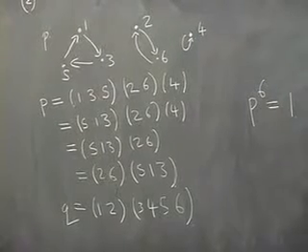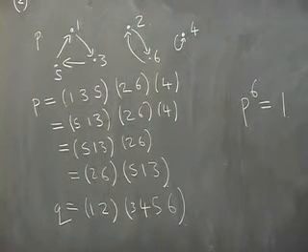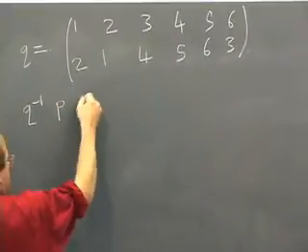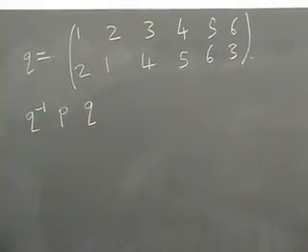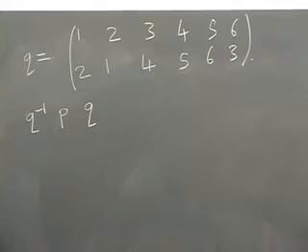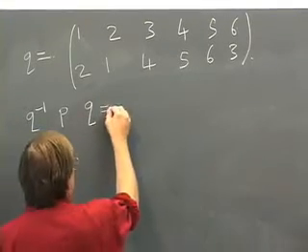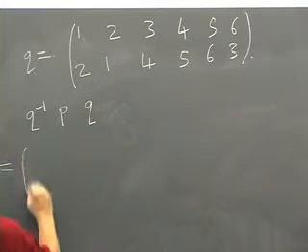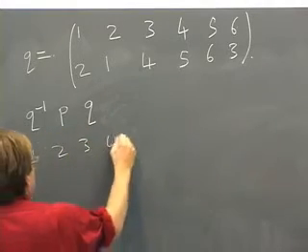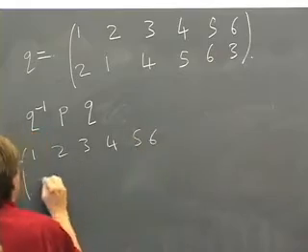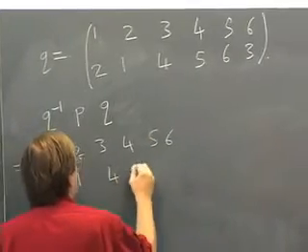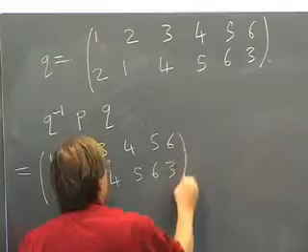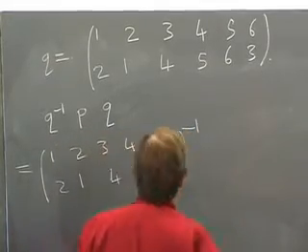Okay, well, the next thing I want to do is calculate the product Q inverse times P times Q. So let me write that. 1, 2, 3, 4, 5, 6. 2, 1, 4, 5, 6, 3. Inverse. I'm going to write this in this shape.